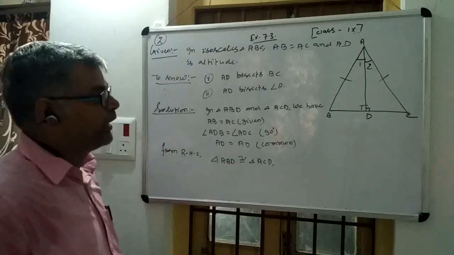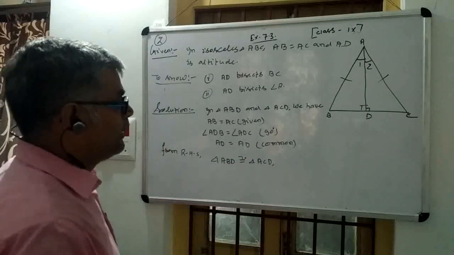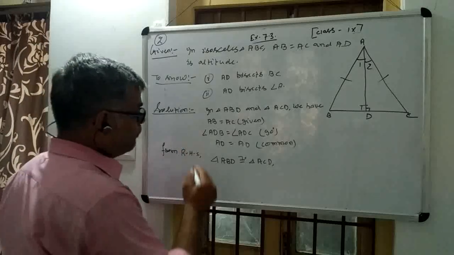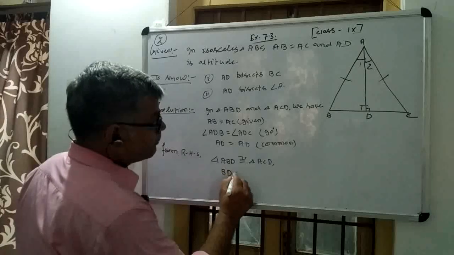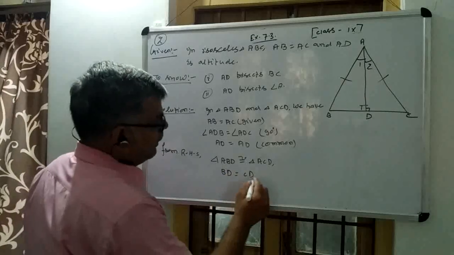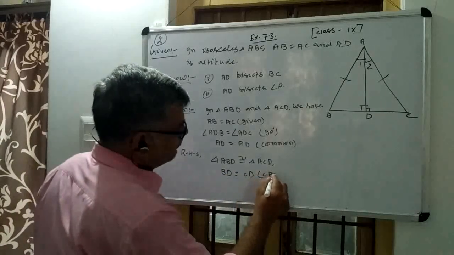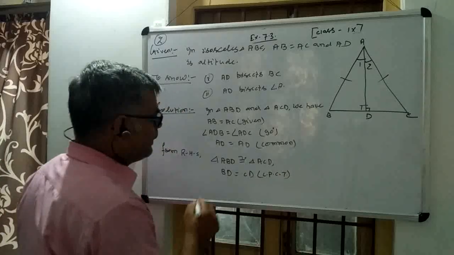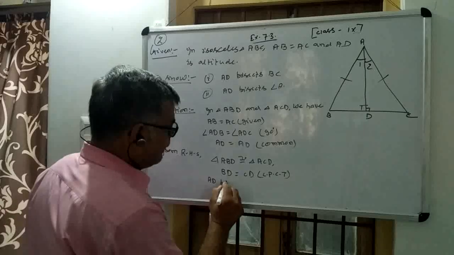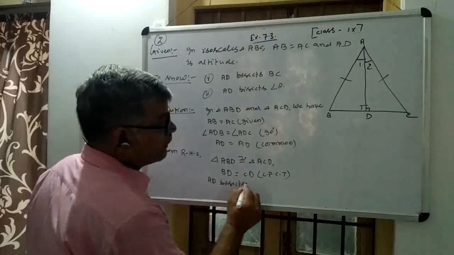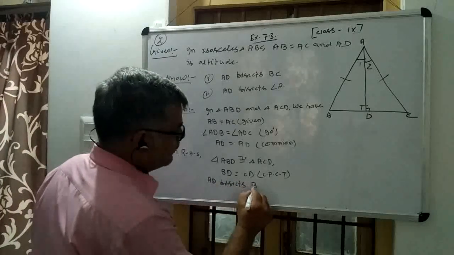And when these two triangles become congruent, then you may conclude both parts. BD equals CD by CPCT. From here it proves that AD bisects BC.